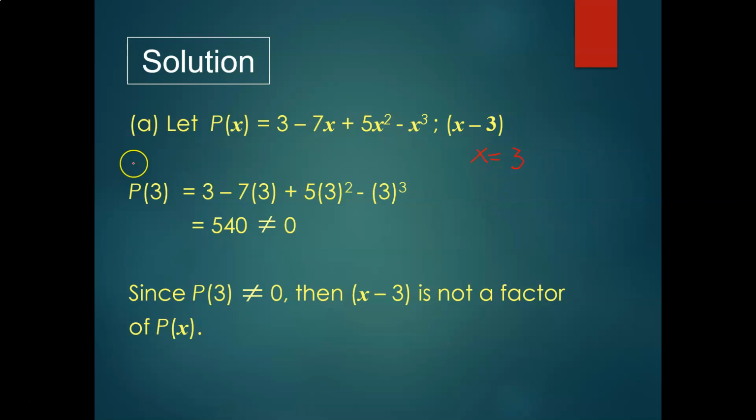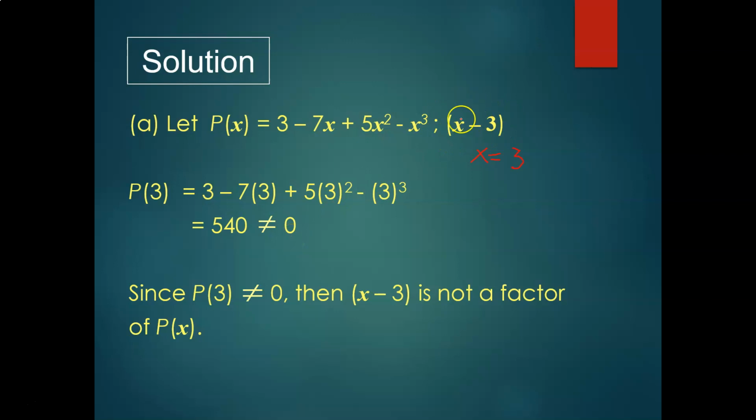This 3, you're going to substitute into the x. So bila you substitute into this polynomial, ganti masuk, then you calculate, it's actually equal to 540, which is not equal to 0.